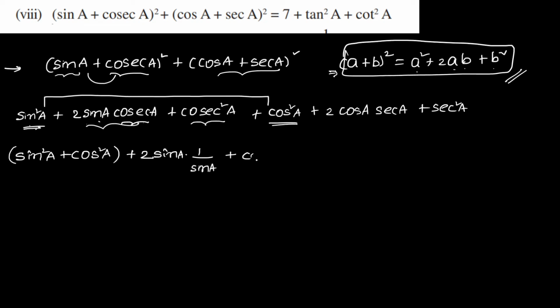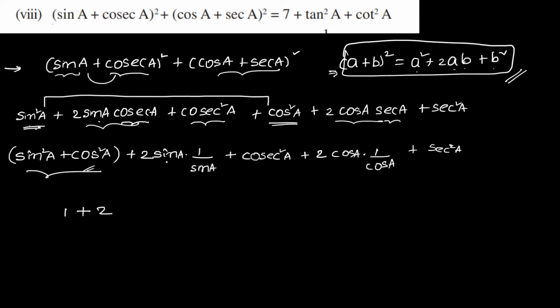Plus here it is cosecant square a, right, as it is, and this cos square a we have already written here, plus again here 2 into cos a into secant a, secant can be written as reciprocal of cos, so I can write that as 1 by cos a, plus secant square a, right, as it is. Now see here, we know from trigonometric identity 1 that the value of sine square a plus cos square a is always equal to 1, so I'll write the value as 1 plus 2 into sine a into 1 by sine a.